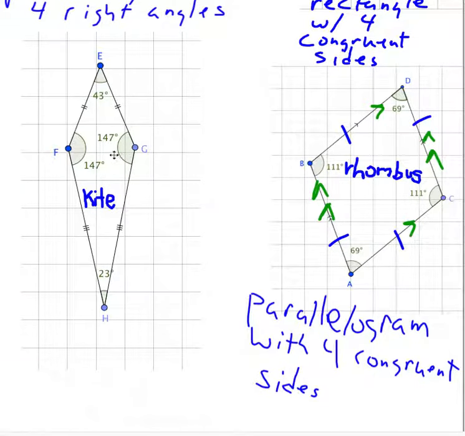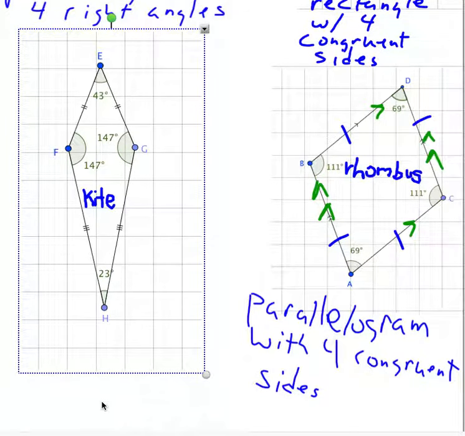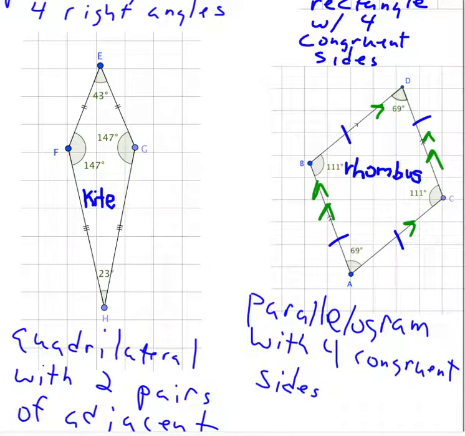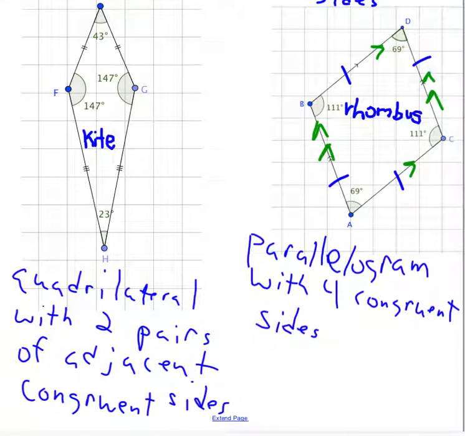It has two congruent angles where the two pairs of adjacent sides meet the other pair of adjacent sides. So it has two congruent angles, but these two angles must be different, otherwise it would be a parallelogram if they were the same. So a kite is a quadrilateral with two pairs of adjacent congruent sides.